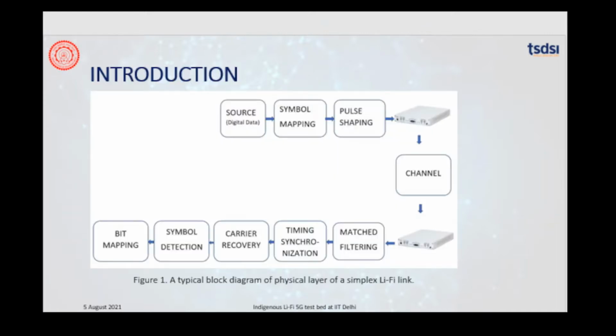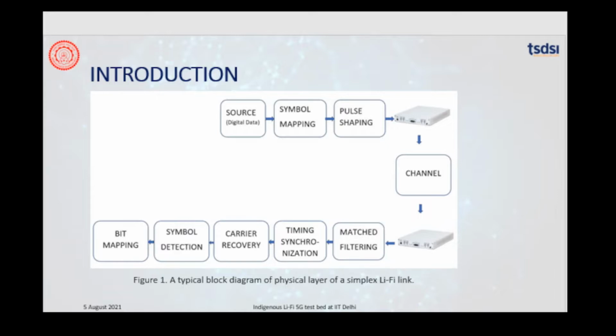So this is the typical block diagram of the physical layer of a simplex Li-Fi link. Generally, in any communication system, there are three major components: transmitter, receiver, and channel. So this is a transmitter, this is a receiver, and this is a channel.